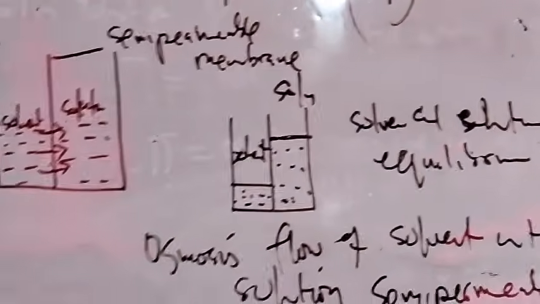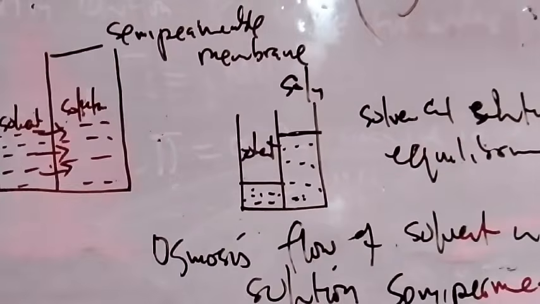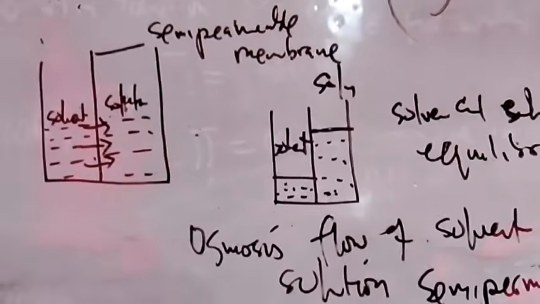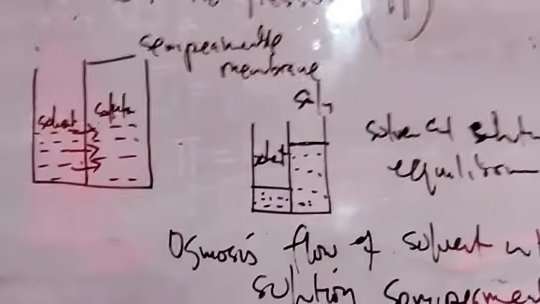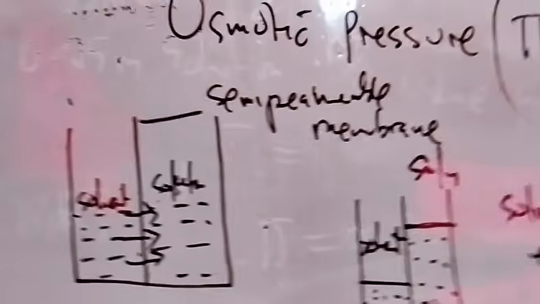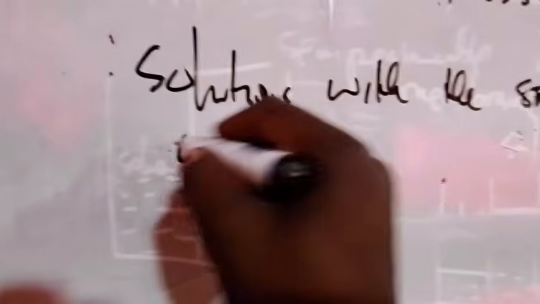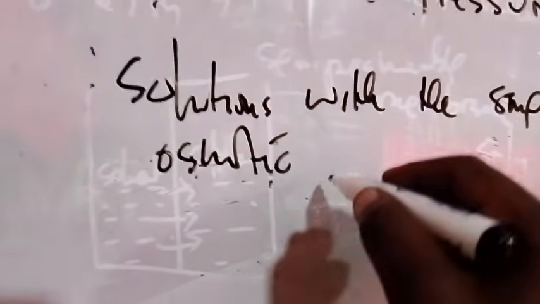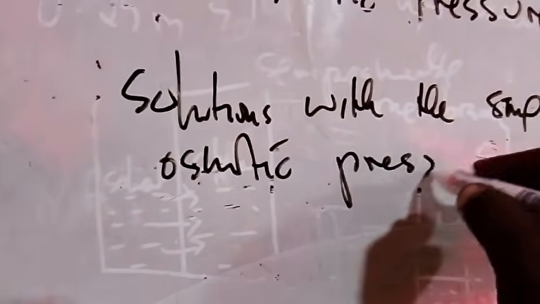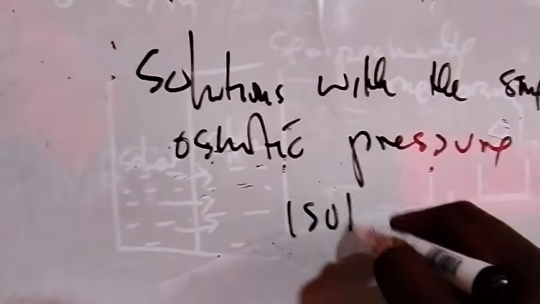That hydrostatic pressure that is there to stop osmosis is what we call osmotic pressure.